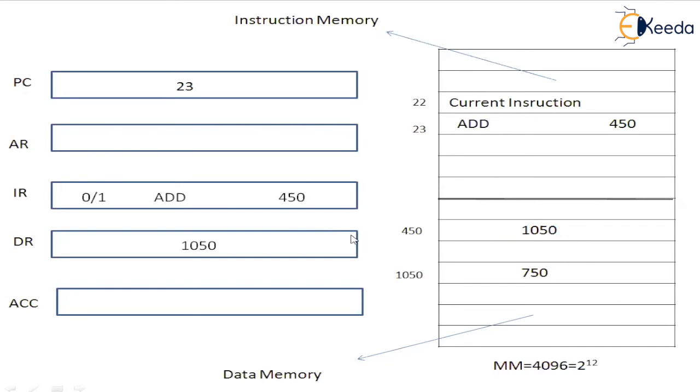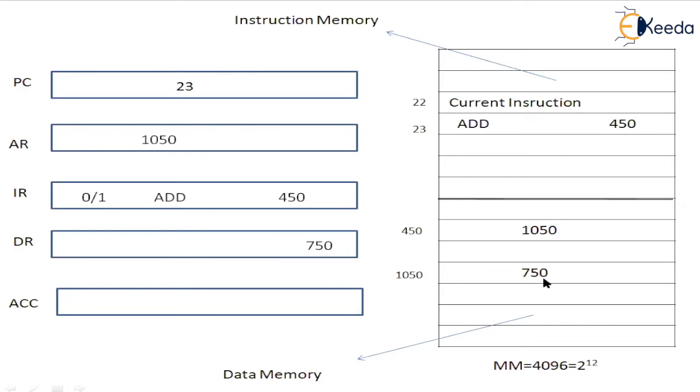Now this 1050 is available in the data register for a while. Still, it is not the operand. It is an address, as you know. As it is an address, again this address must be transferred back to the address register. Now as the address register gets the address, again it will get located in the main memory, under which there is the actual operand.